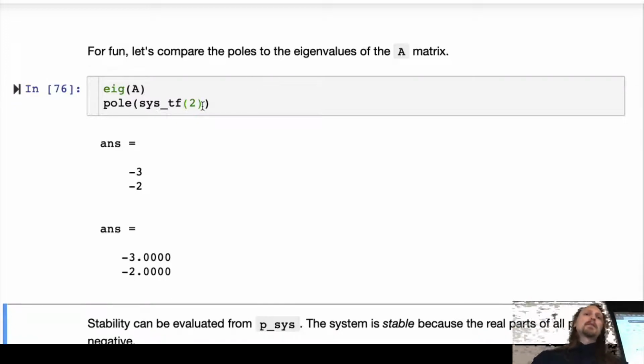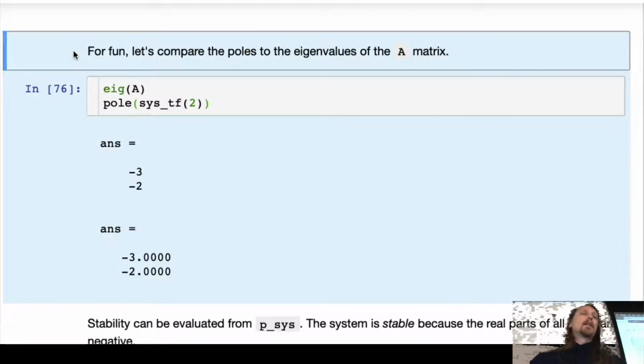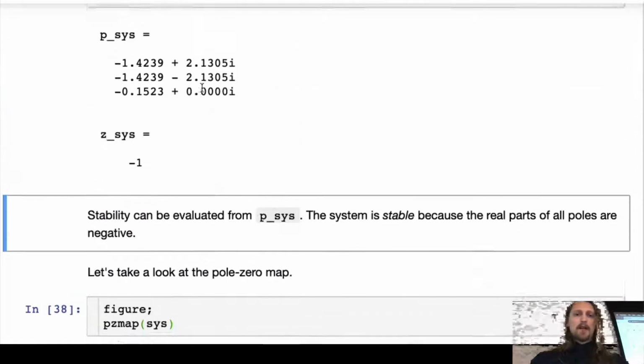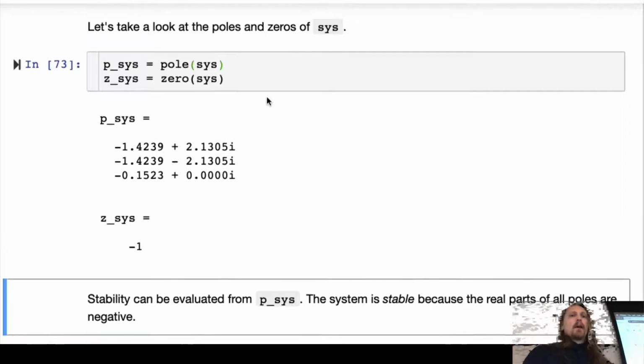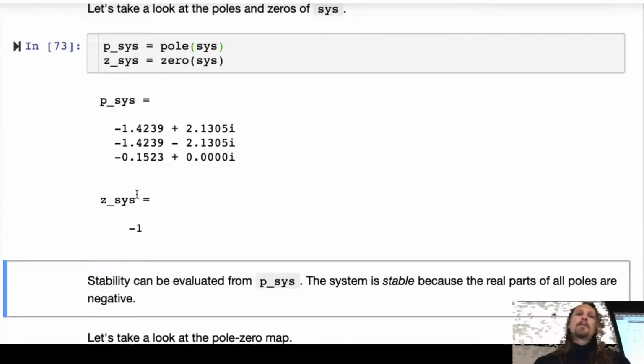Yeah. So if you just looked at one transfer function and look at the poles, -3, -2, -3, -2, they're equal. So that's fun. That was just a little aside. But for the system at hand, cis, it has 3 poles and 1 zero.